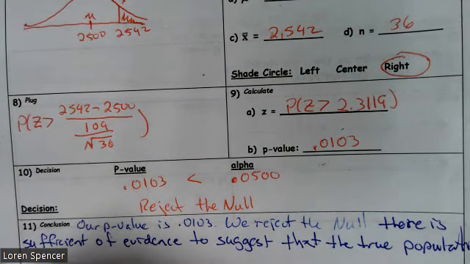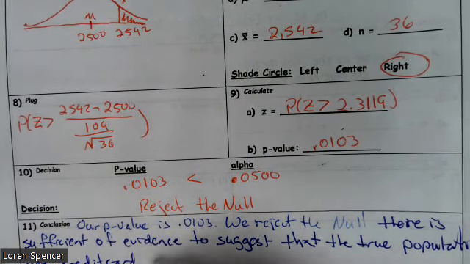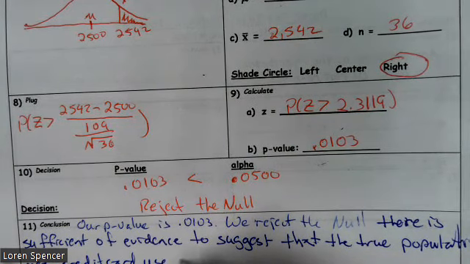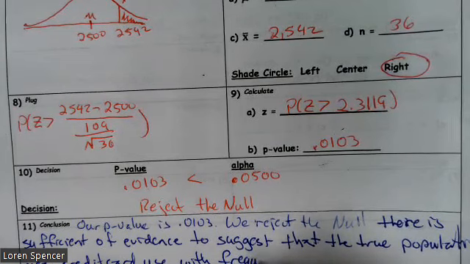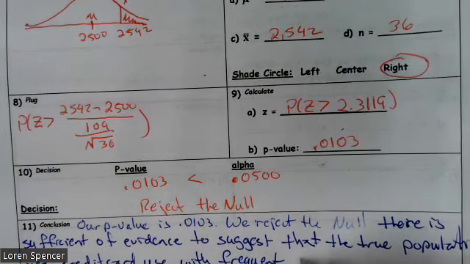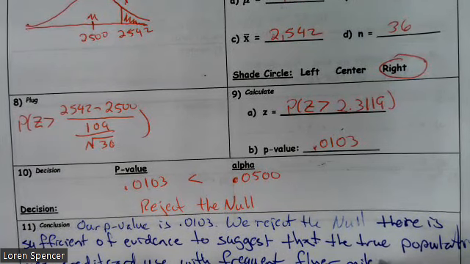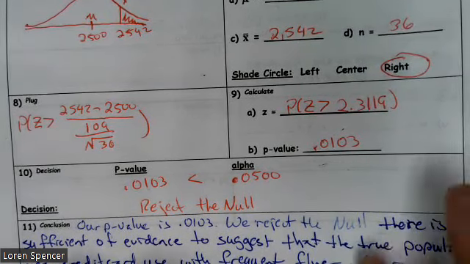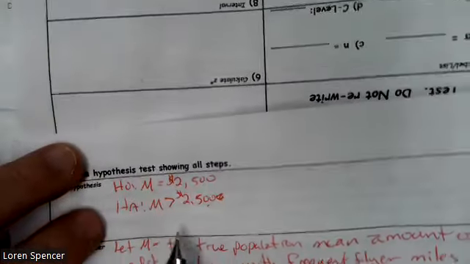The population mean credit card use with frequent flyer miles is, and what was our alternative hypothesis?